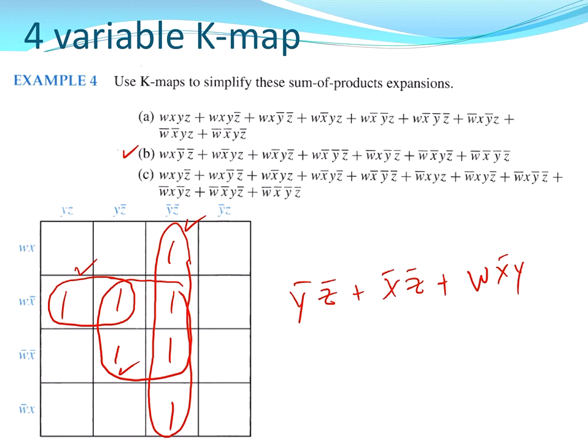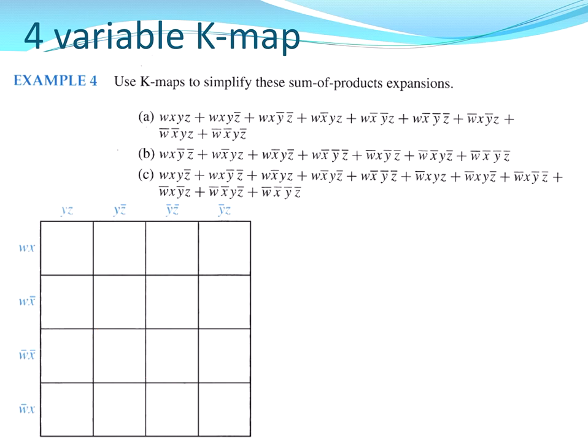All right, let's look at the last one, C. And we see W, X, Y, Z bar, W, X, Y bar, Z bar, W, X bar, Y, Z, W, X bar, Y, Z bar, and W, X bar, Y bar, Z bar.